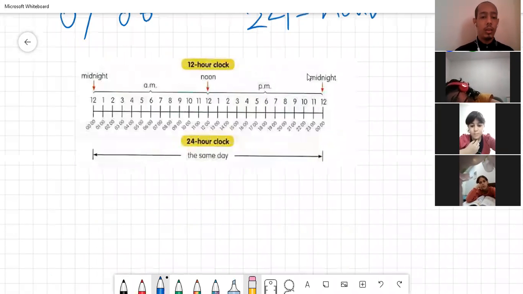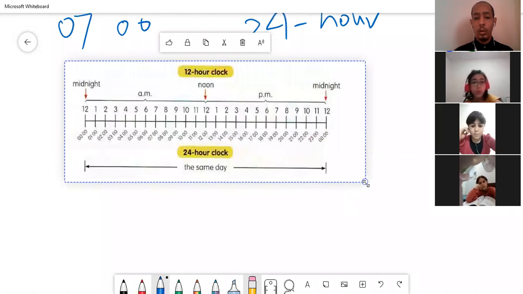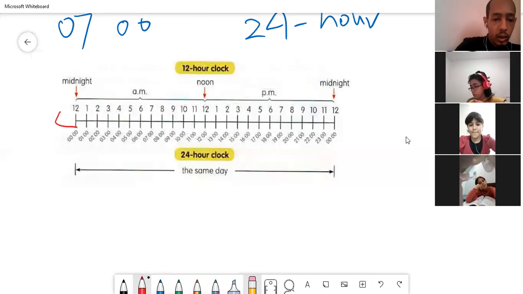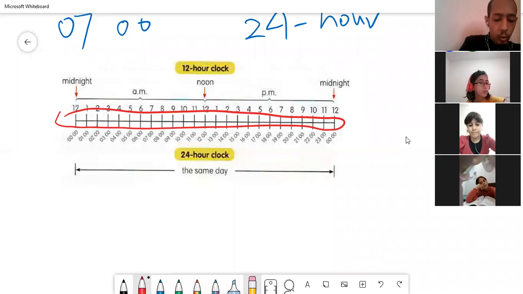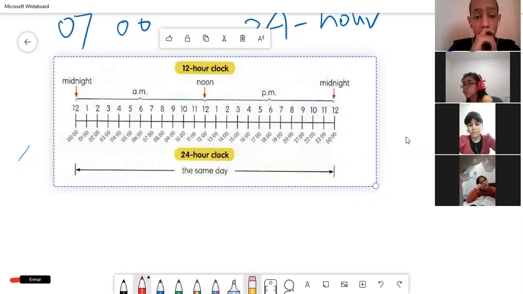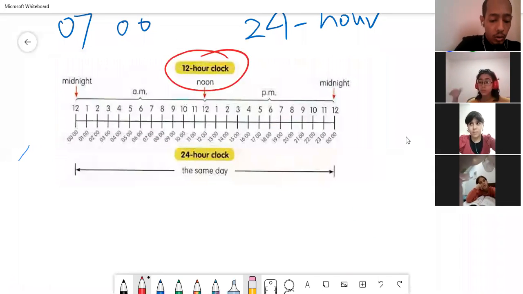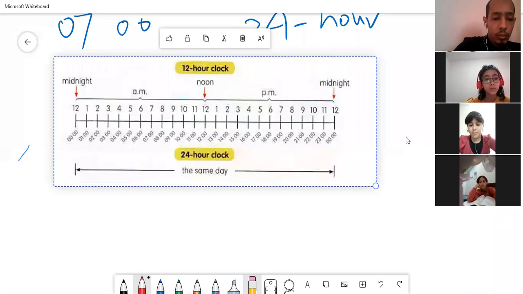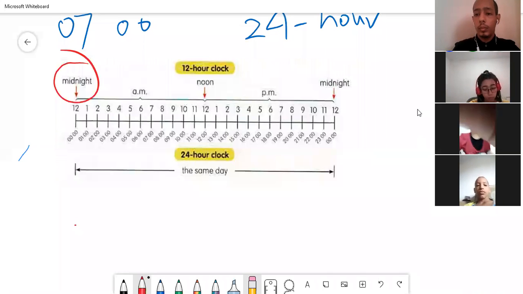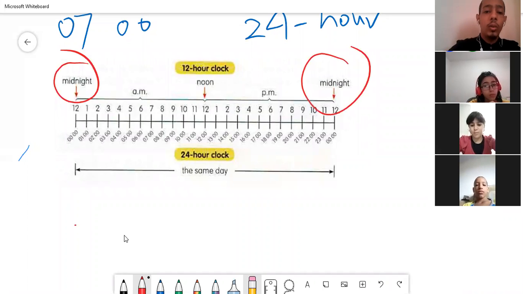Okay. Do you see this? The 12-hour clock and the 24-hour clock. All right. This line shows us the two systems: the 12-hour clock and the 24-hour clock. And above the line, we have the 12-hour clock. You see, the starting time is midnight, and the end time is also midnight.